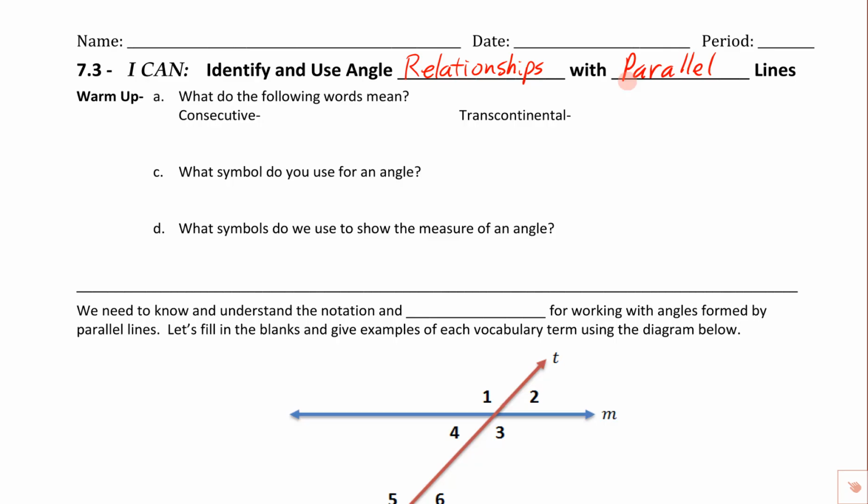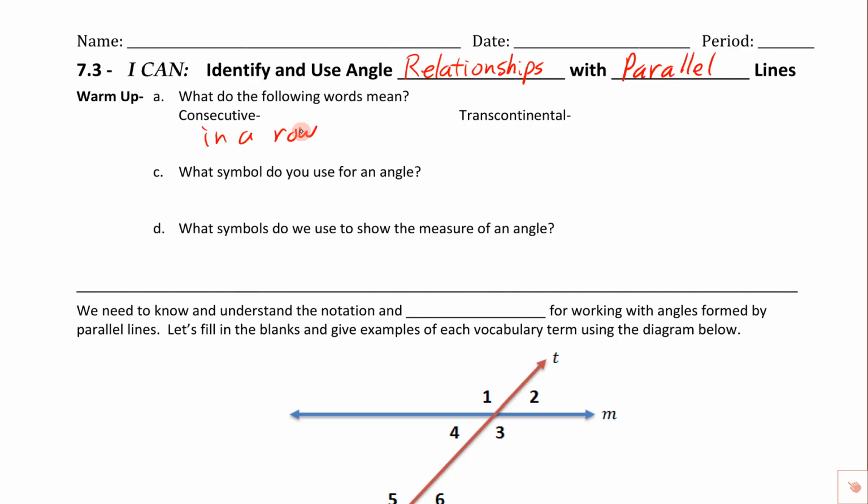So as a warm-up, let's take a look here at these words. So what do the following words mean? Consecutive and transcontinental. Okay, so consecutive, if you've got things that are consecutive, then they happen in a row. If you made 14 consecutive free throws, then you'd made 14 in a row.